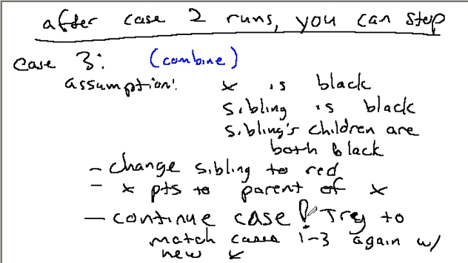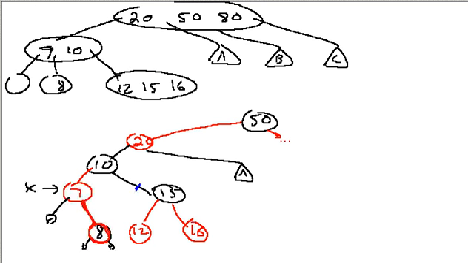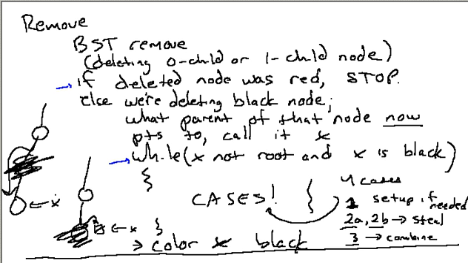This is your continue case, so now you say, okay, I've got a new x. Try again to match all the cases 1 through 3. So this is so simple to do, but it also means we need to continue, and that's what we see here.